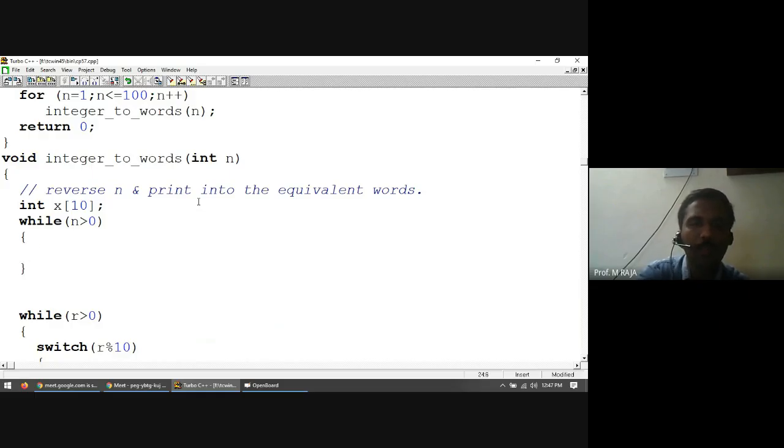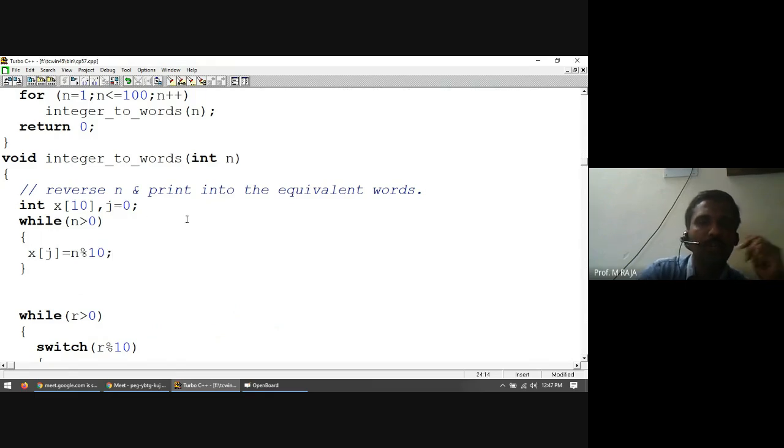We need to update the array elements. Initially, for example, int x[10], I use one index, say j is equal to 0. I update a value of x[j] with the operation n mod 10.